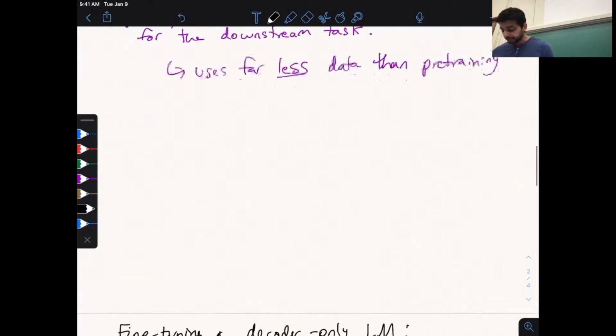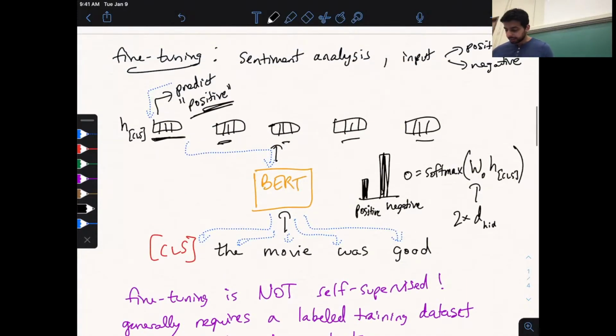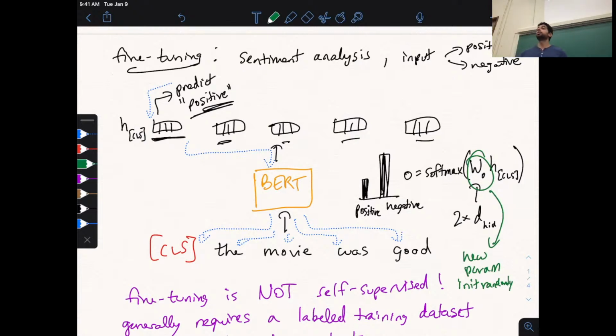So one distinction to make is that in BERT, this W sub O here is a new parameter initialized randomly. So why is it a new parameter? Because during pre-training, we were never predicting positive or negative, right? We were always predicting into the whole space of the vocabulary, what is the identity of the missing word.